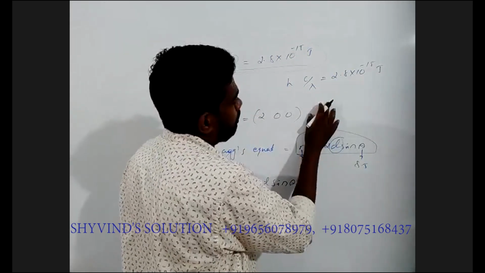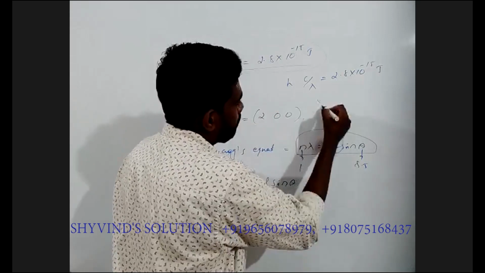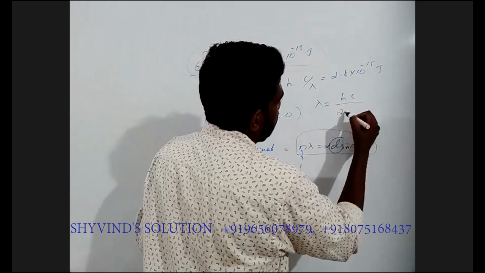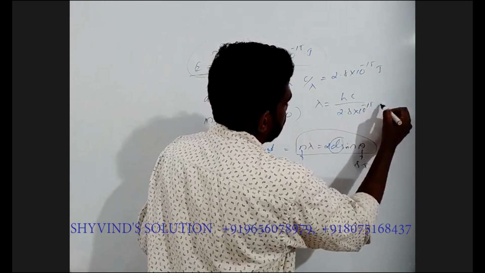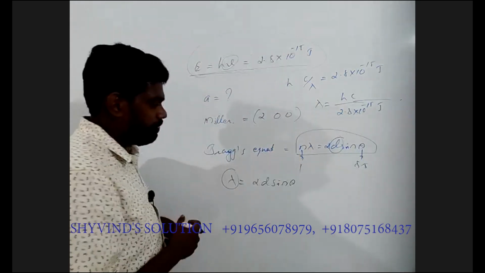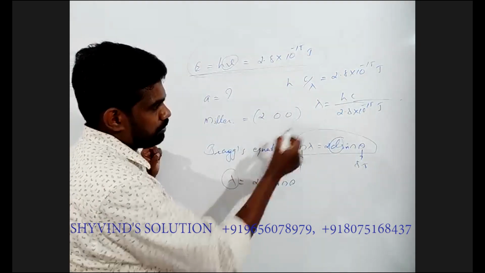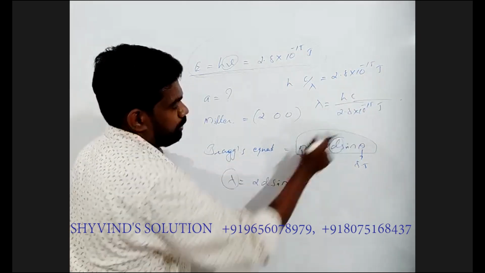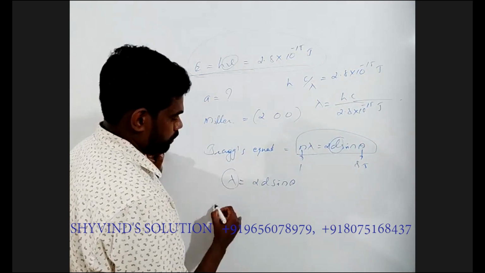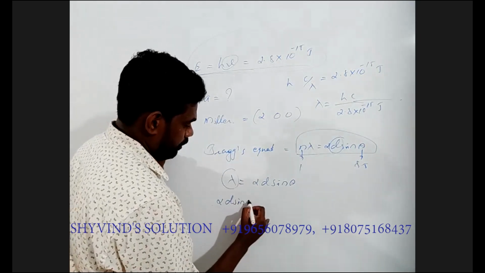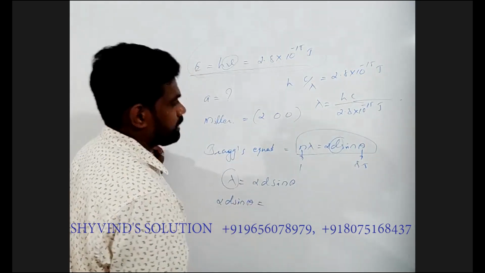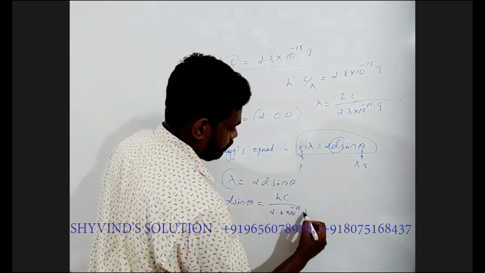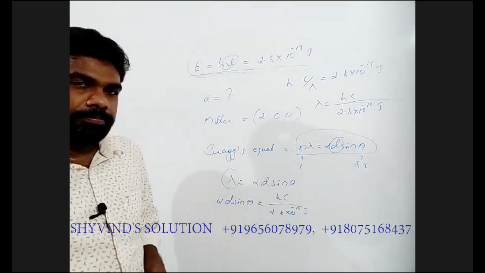Or lambda equal to hc by 2.8 into 10 raised to minus 15 joules. So if we substitute it here, lambda equal to 2d sine theta, so we can say 2d sine theta equal to hc divided by 2.8 into 10 raised to minus 15 joules. That's what we will get.